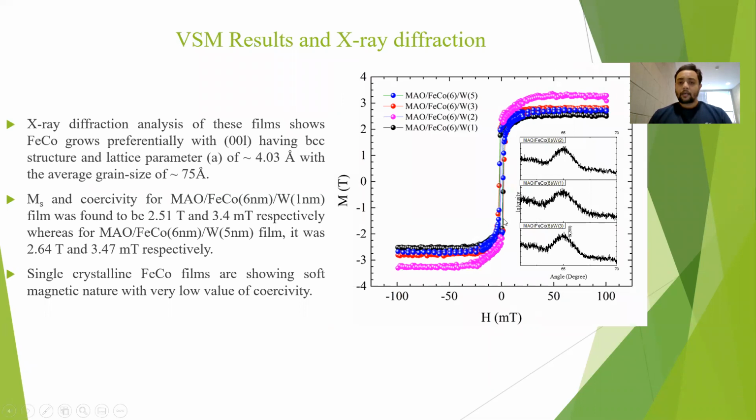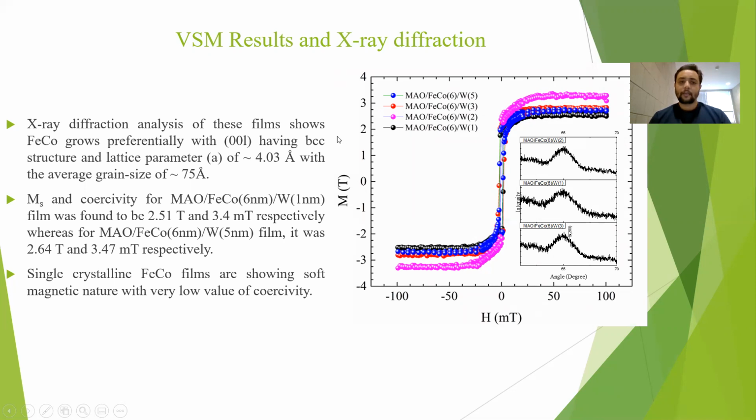So this is our M versus H graph, and this is the X-ray. We can clearly see the peak at around 65 degree, 2 theta is 65 degree, and this graph shows that it has high saturation magnetization, which is around 2.5 something.